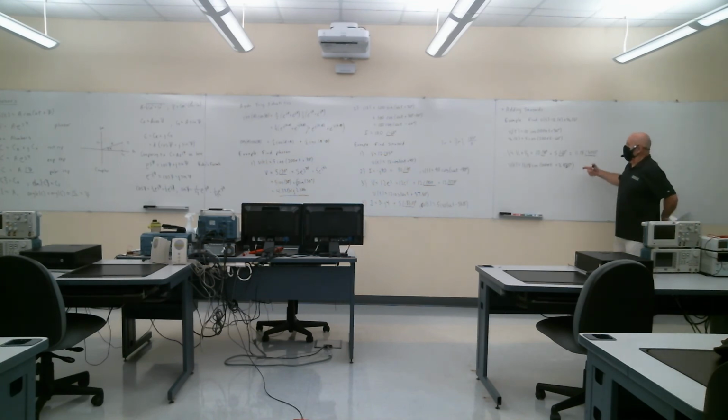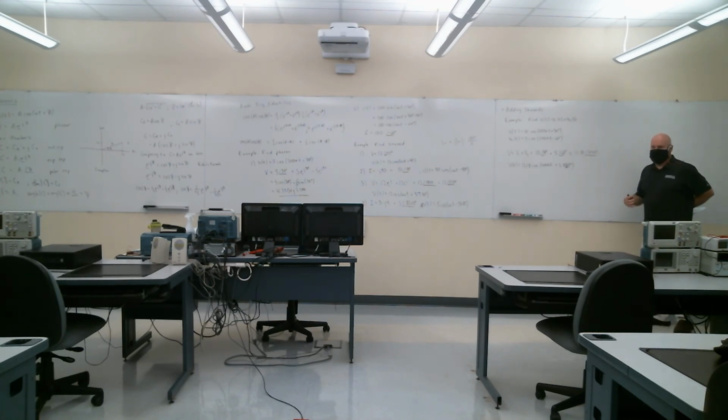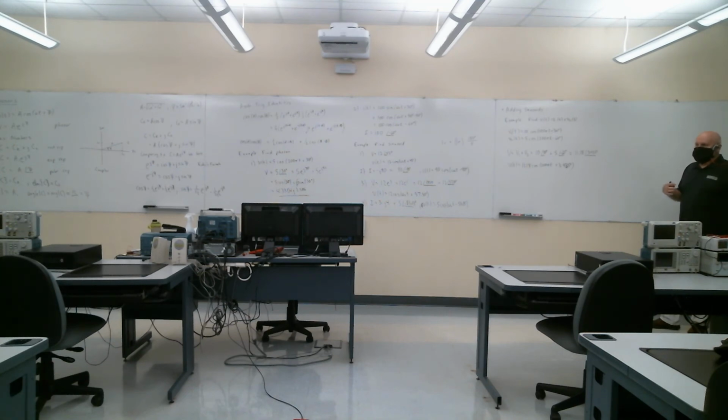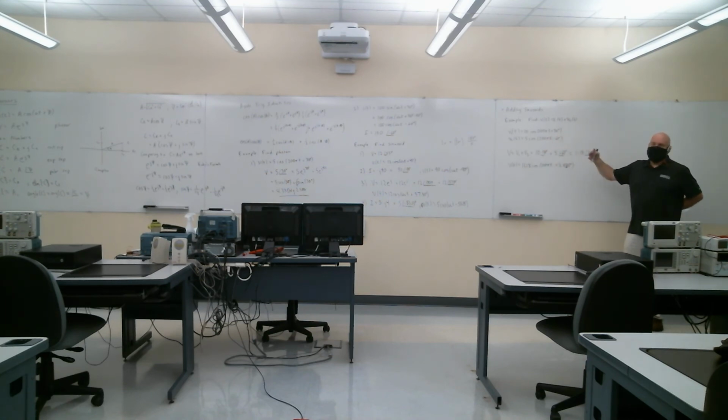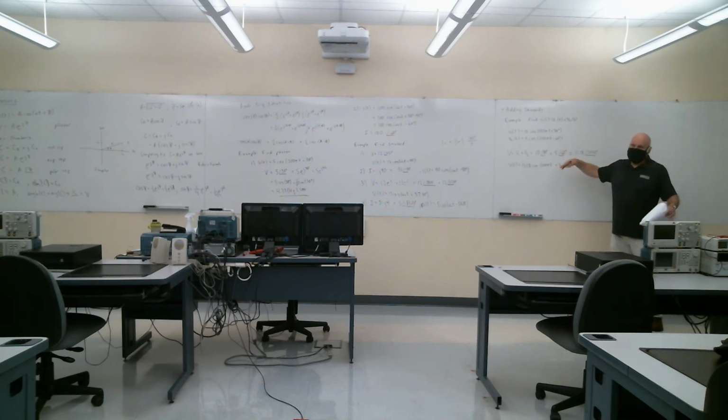Now this only works if all of the sinusoids are at the same frequency. I can't add the corresponding phasors if they're at different frequencies. If this is 200 pi and this is 300 pi, it doesn't simplify. They don't add to give me a sinusoid at some other frequency.